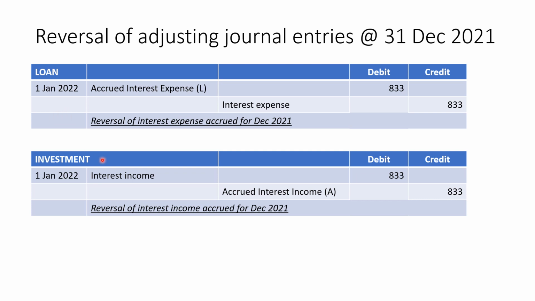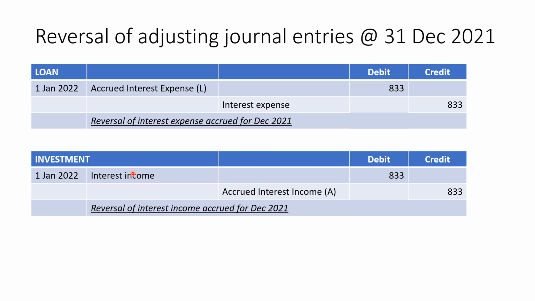Then if I had an investment, last year I would have had an amount owing to me for interest. That would have been an asset for accrued interest income. Now I'm reversing the asset, so I'm crediting the asset and debiting that 833 Rand, which was the interest that I'd earned for December 2021. I'm debiting it to this year's interest income account.